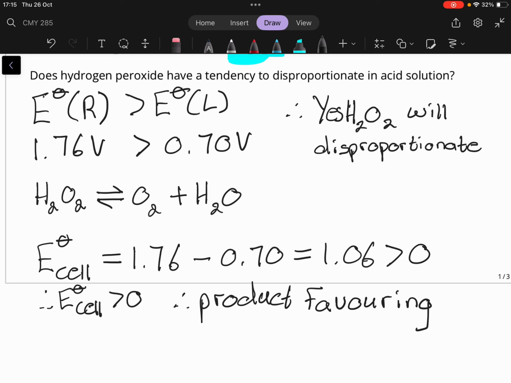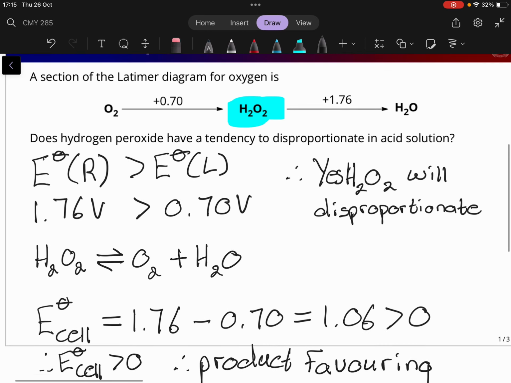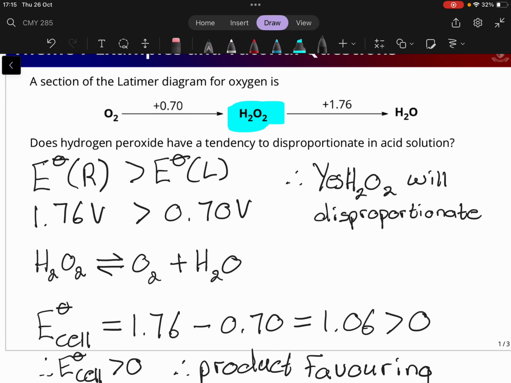You can further argue it in terms of the Gibbs energy or even the equilibrium constant, but essentially they all just indicate the same thing. And that is that, yes, it will disproportionate, and you just need to be able to recognize whether something on the right is larger than something on the left.